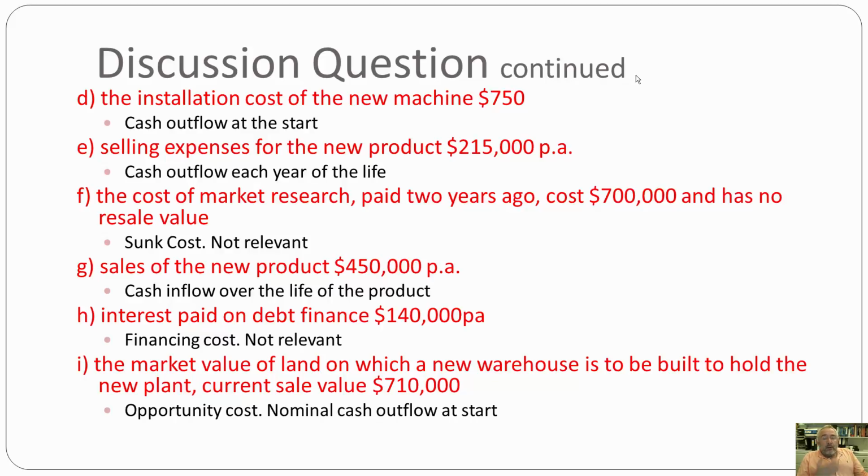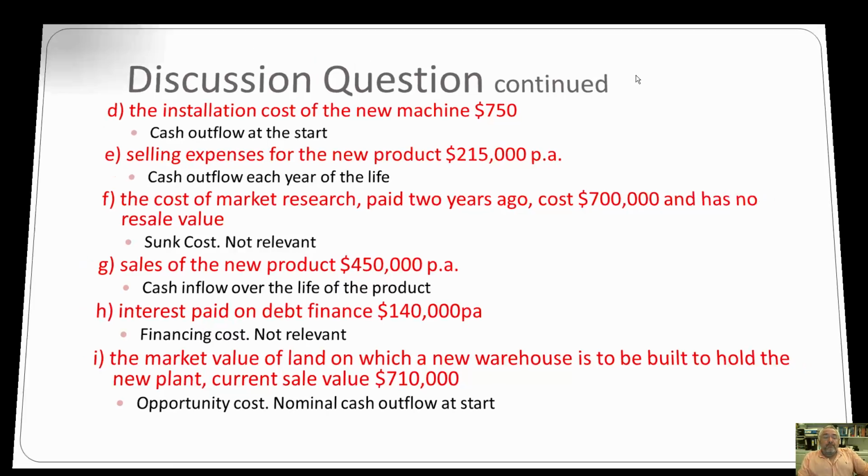Yes, we do. Because if the market value of that building is $710,000, it's like cash, right? We can turn it into $710,000 worth of cash. So it's like we've got some cash. But by not turning it into cash and using it for this project, it's like we're making a $710,000 cash investment into this project. So this is a cash outflow at the start.